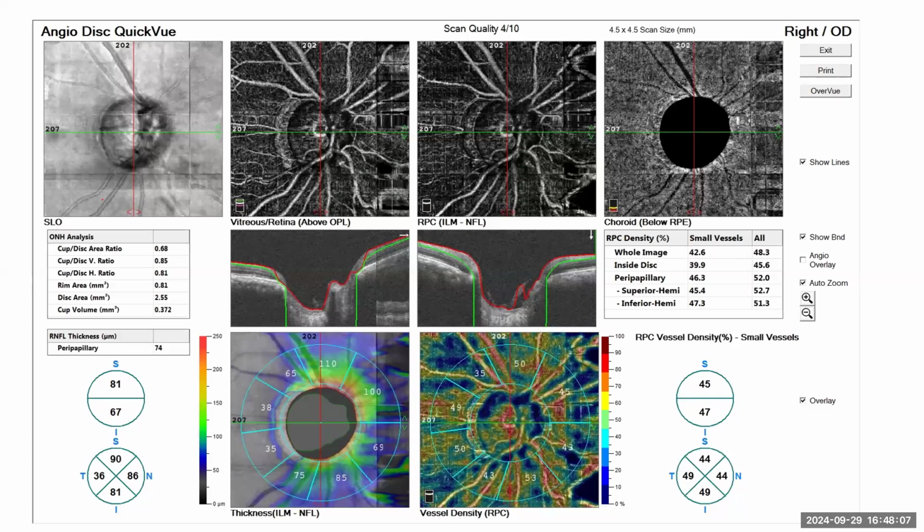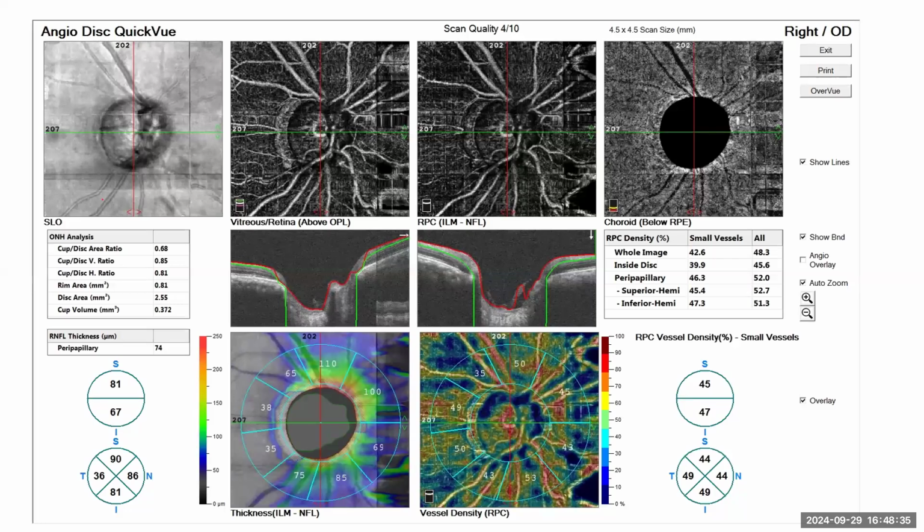What we have first here is an SLO image where my arrow is. Now, the next image is an OCT angiography, but the level at which it scanned is the vitreoretinal level above the OPL. So this is not the scan of interest for optic nerve head changes in glaucoma.